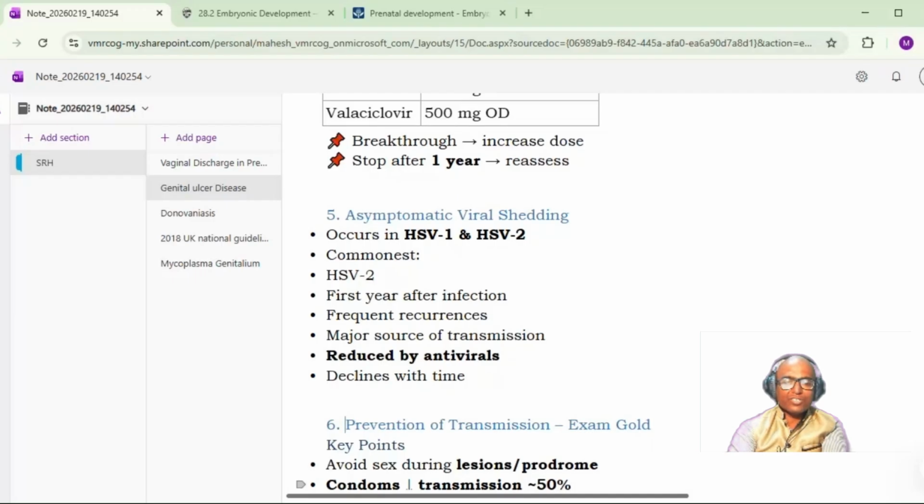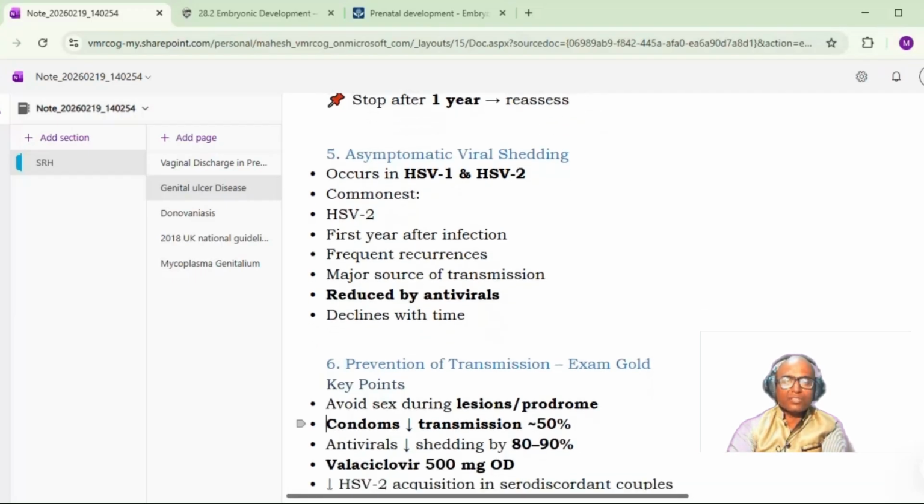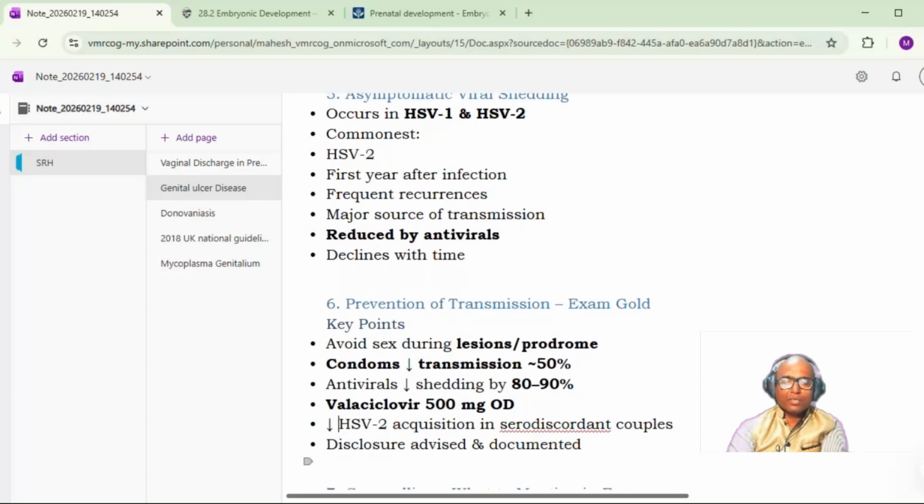Avoid sex during the lesions and the prodrome. Condoms will reduce the transmission by 50%. Antiviral will reduce the shedding by 80 to 90%. And valacyclovir is also effective in reducing the transmission. So HSV2 acquisition in serodiscordant couples decreases if these things are followed.